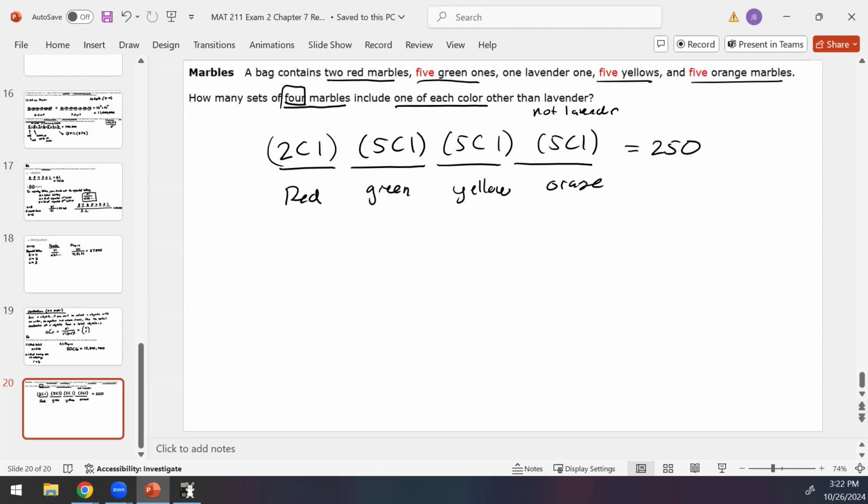Now, here's the cool thing. If you ever have nC1, it's just going to be equal to n. So if there's a 1, it's just n. And then if it's nCn, that is equal to 1.